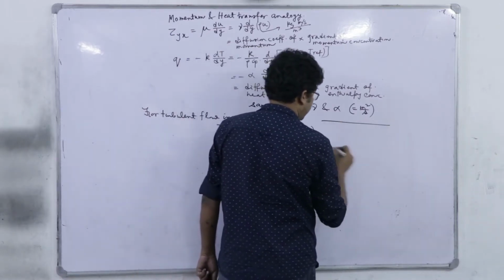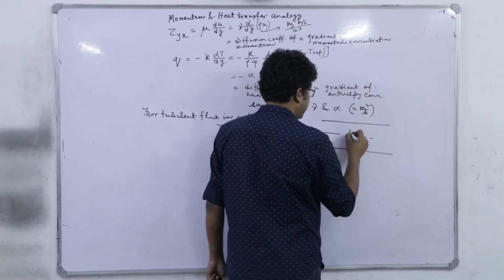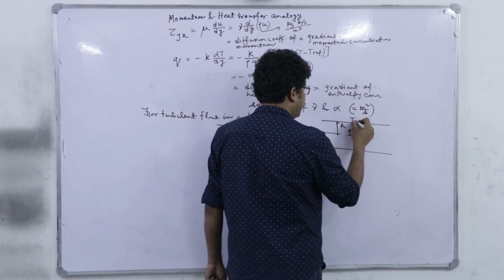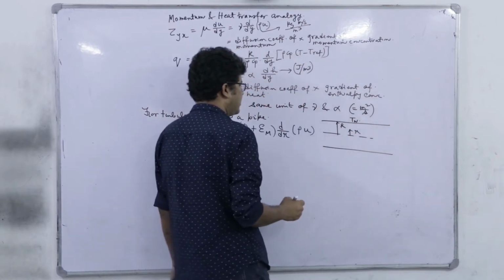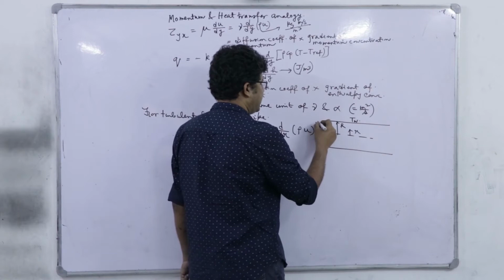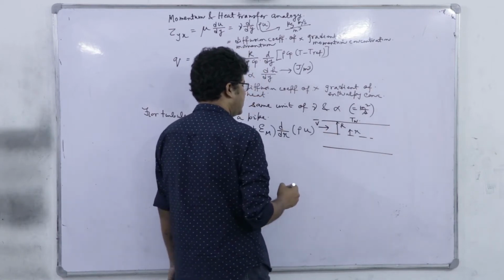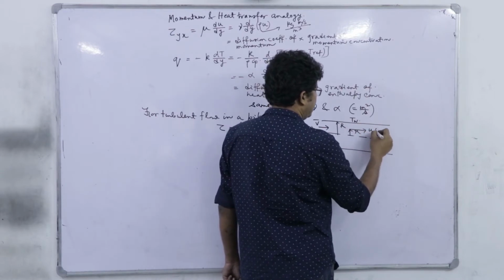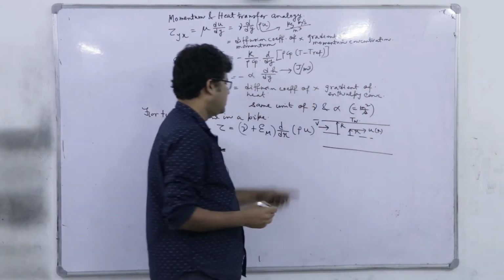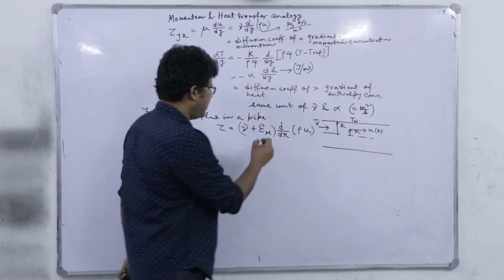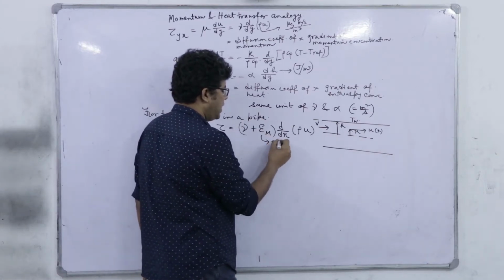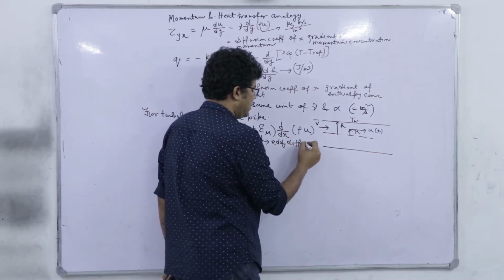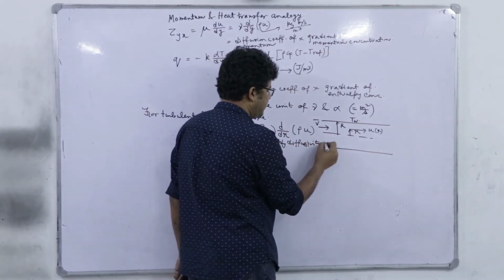Like I have a pipe, right, this is the radial coordinate, this is the radius. Let us say the pipe wall is maintained at Tw, right, and here we have an average velocity V bar, okay, and the local velocity u is a function of r. And epsilon m is the eddy diffusivity of momentum.